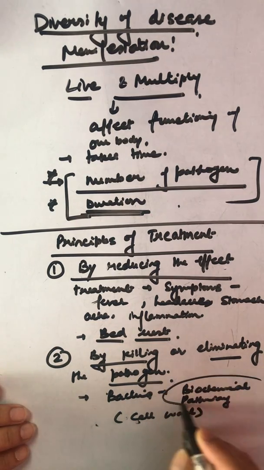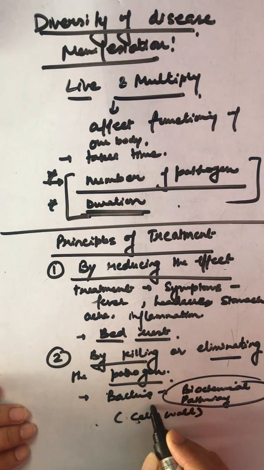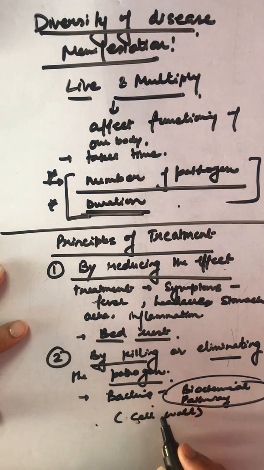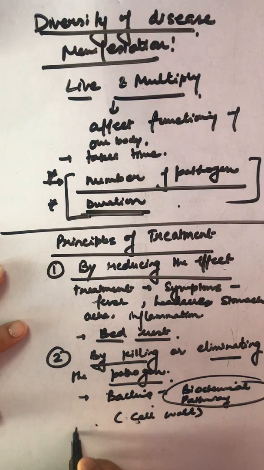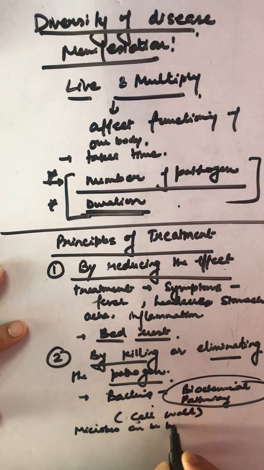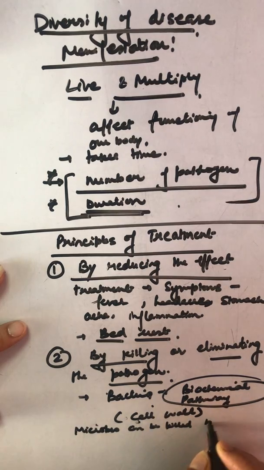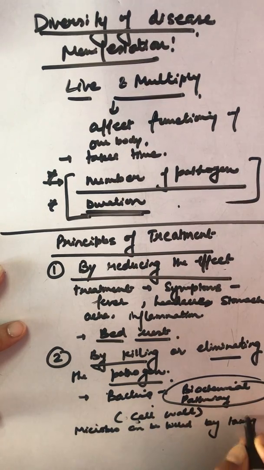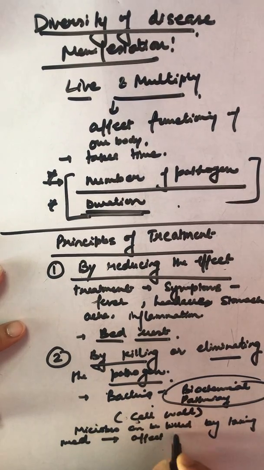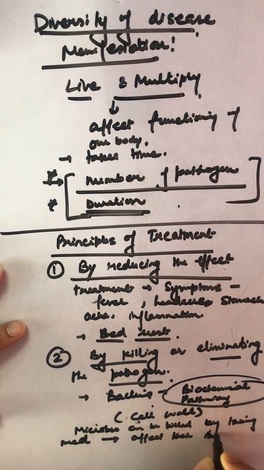Therefore, we have to attack the biochemical pathways of all these parasites, of all these pathogens. Alright, microbes can be killed by taking medicines which affect their biochemical pathway.